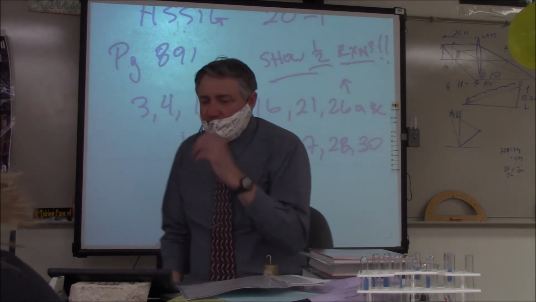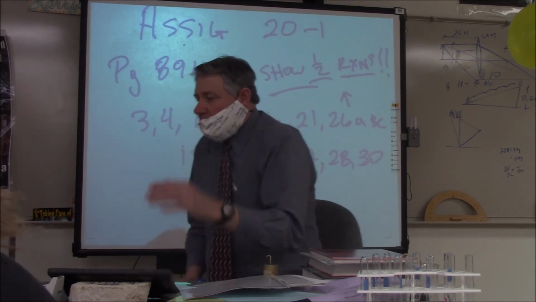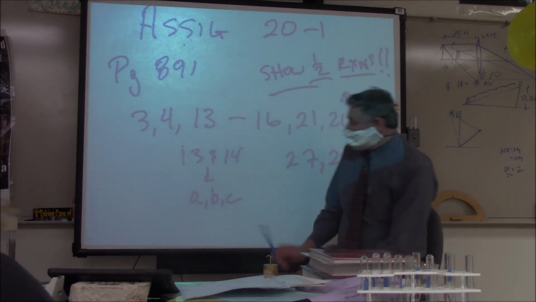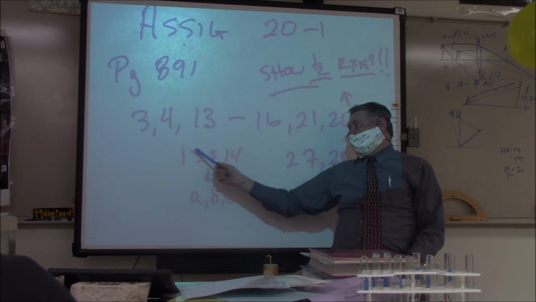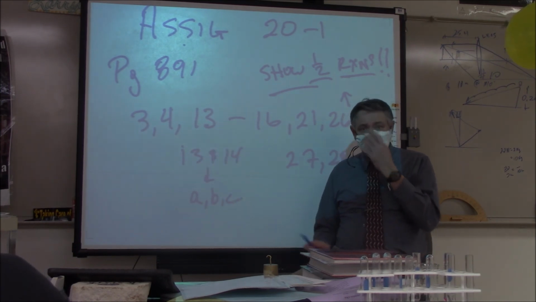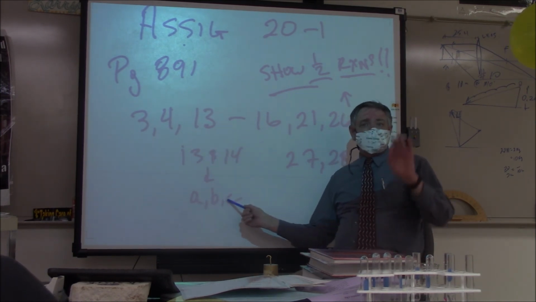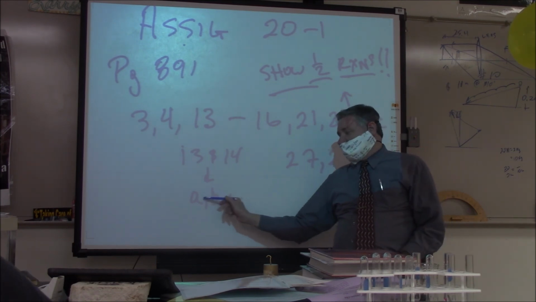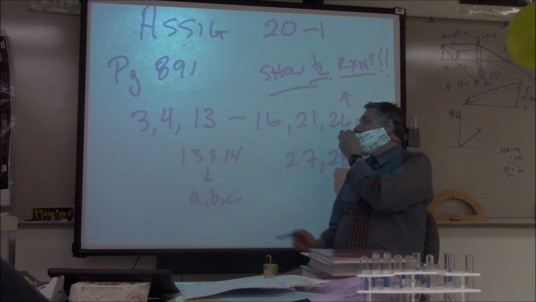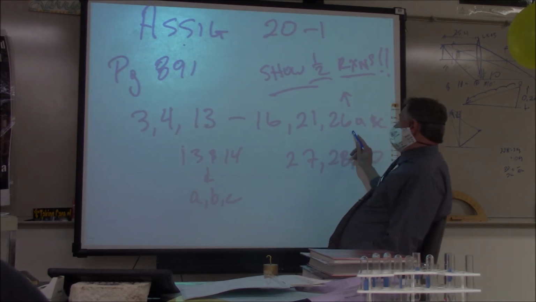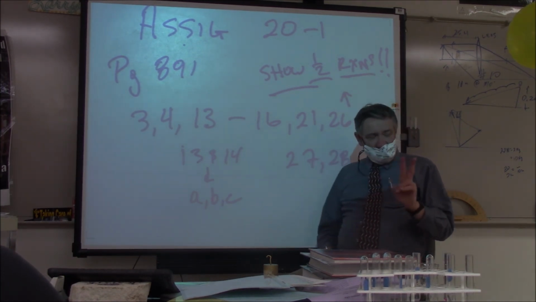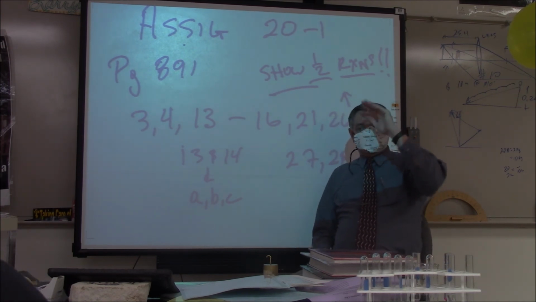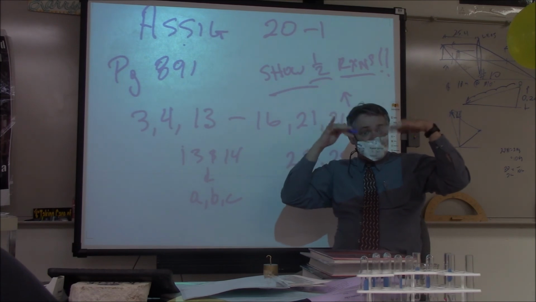Okay. 27, 28, 30. Is 30 the last one you wrote? Yeah. All right. When you get to questions 13 and 14, just do A, B, and C on both of them. There are other parts to them, but just do A, B, and C. When you get to 26, only do A and C. These are where you're going to balance half reactions.